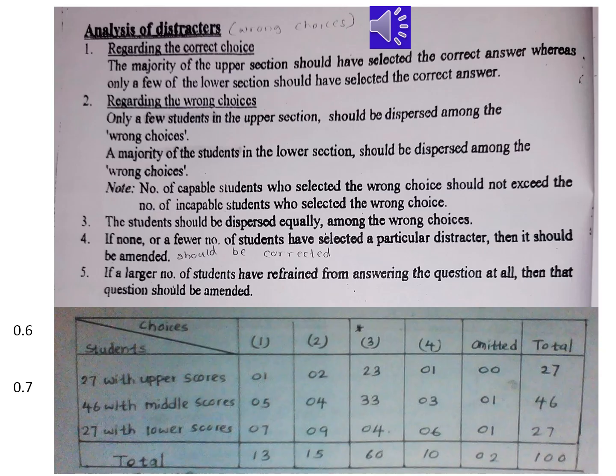Now go to the weaker section, lower one: 7, 9, 6. Now we are talking about the wrong answers, the distractors. So what is the condition there? A majority of the students in the lower section should be dispersed among the wrong choices. Weak students, yes: 7, 9, 6 out of 20. So that is also okay.